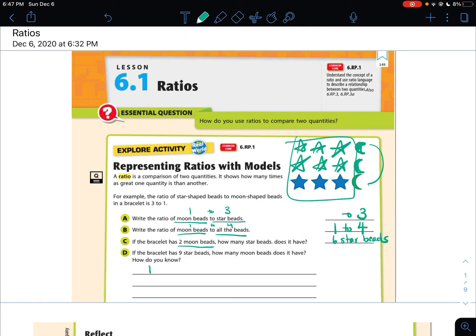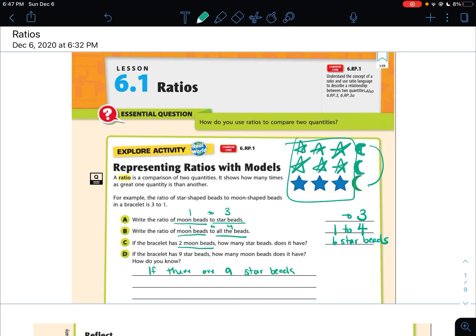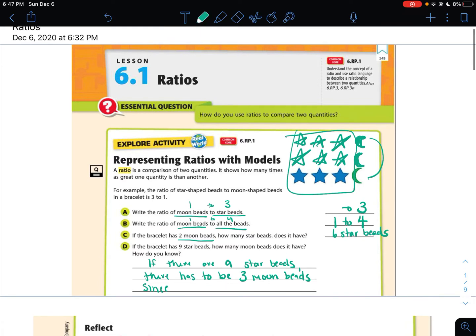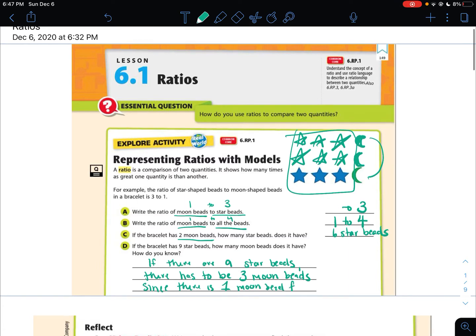So I would say that if there are 9 star beads, there has to be 3 moon beads, since there is 1 moon bead for every 3 star beads.